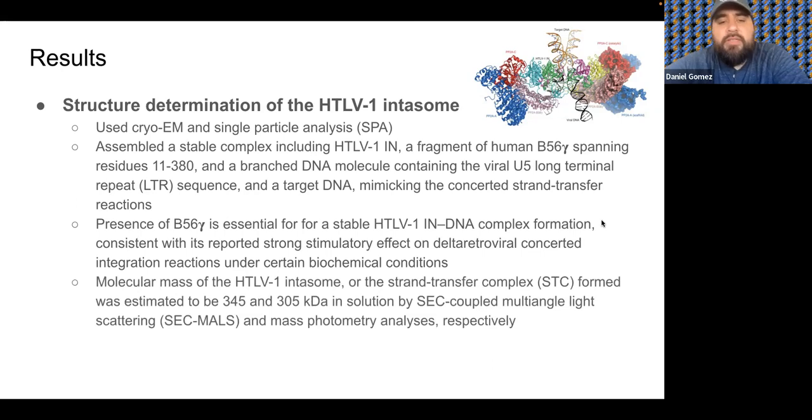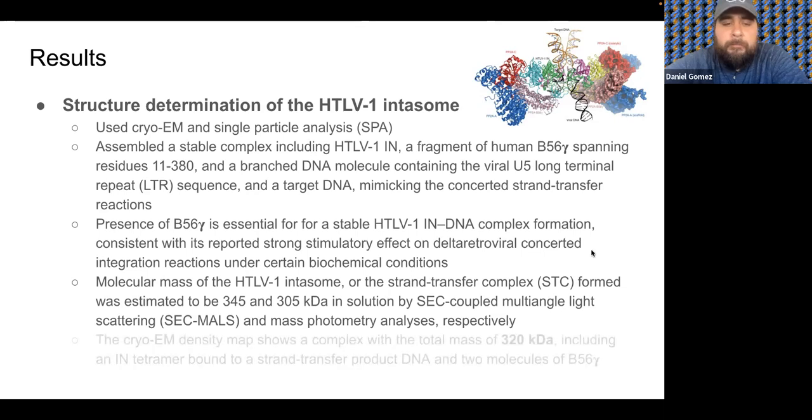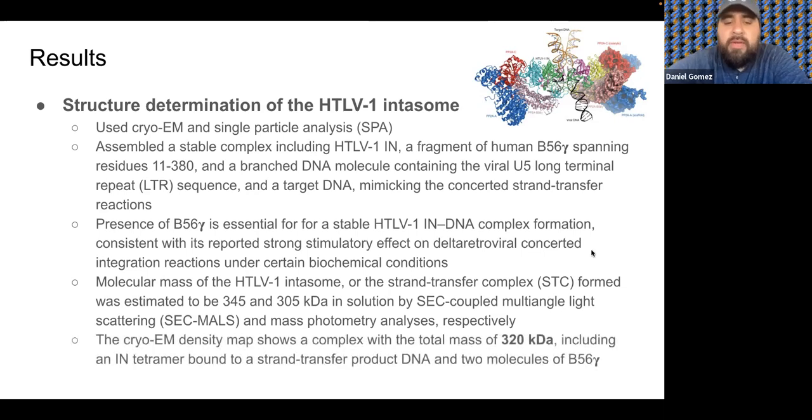So the molecular mass of the HTLV-1 intasome, or the strand transfer complex, STC, was formed and estimated to be 345 kilodaltons by SEC coupled multi-angle light scattering, or SEC-MALS, and then 305 kilodaltons by mass photometry analysis. And then through cryo-EM density maps, this showed the complex to have a total mass of 320 kilodaltons.